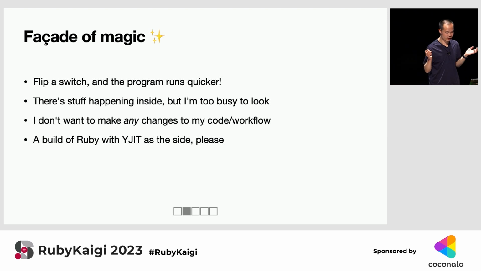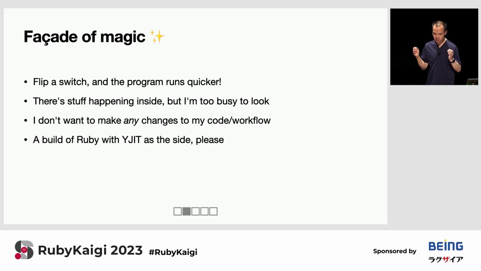So what do users care about? I think YJIT tries to build up this facade of being able to magically speed up Ruby code, right? We try to boot quickly, so short-lived processes like bundle exec are still snappy. We also try to be completely compatible with existing code, so you don't have to change anything to use YJIT.